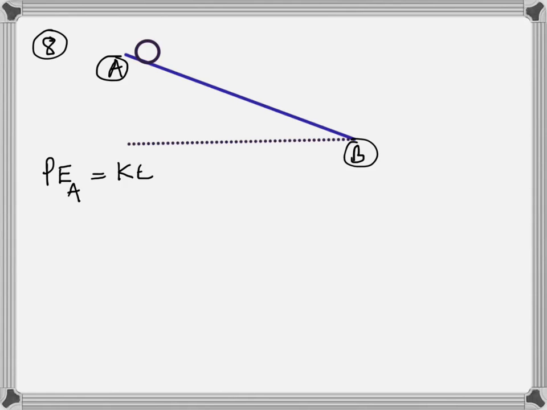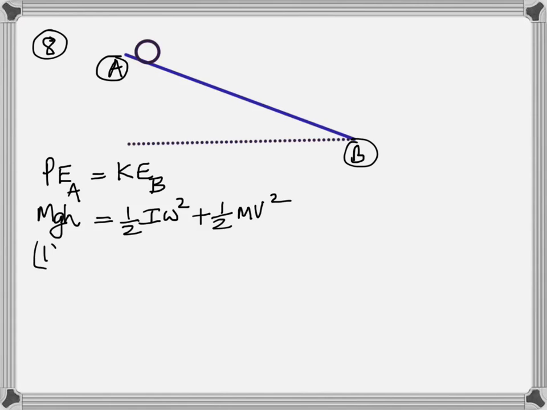So potential energy at A is equal to kinetic energy at B. But remember that the kinetic energy at B is of two types, both rotational, given by 1/2 I omega squared, and 1/2 times mass times velocity squared, which is translational. So the potential energy at the top becomes the total kinetic energy at the bottom. And then you put in the numbers that are given.